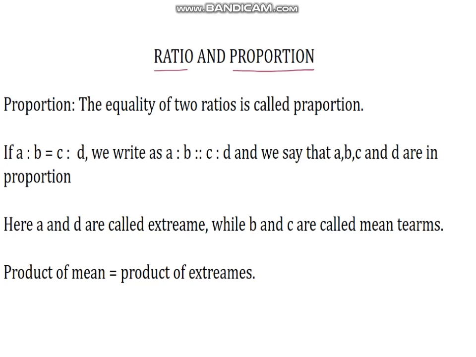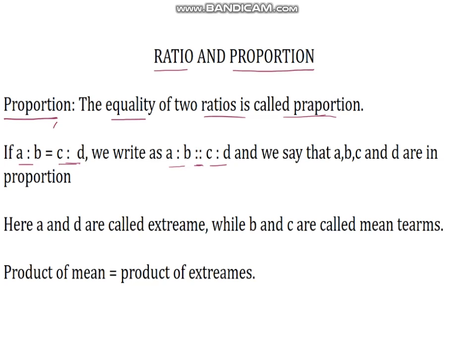Let us discuss what is meant by proportion. Proportion means the equality of two ratios. If A is to B equals C is to D, we write it as A is to B double colon C is to D, and we say that A, B, C, D are in proportion.